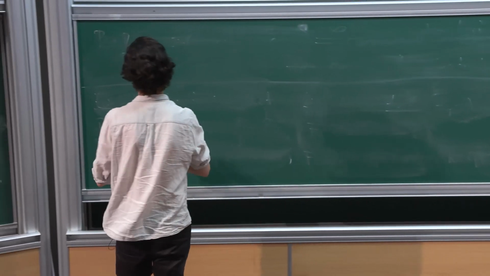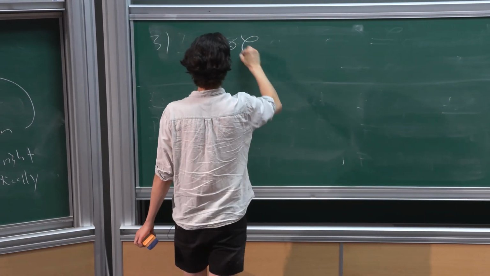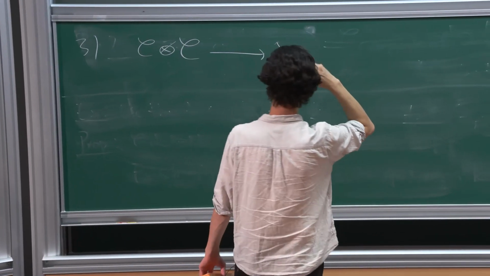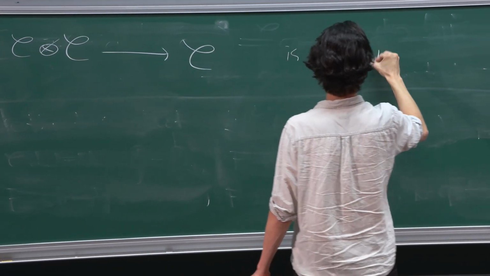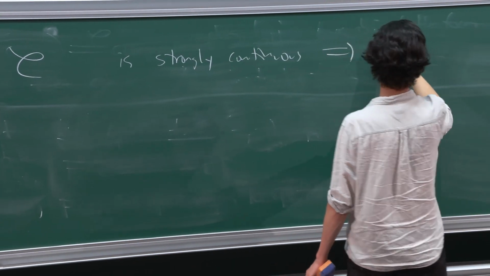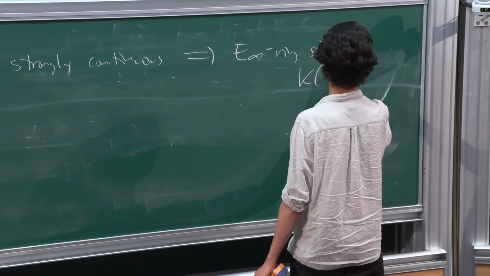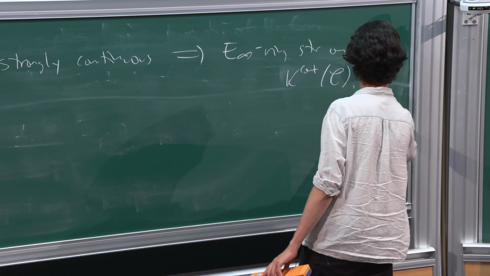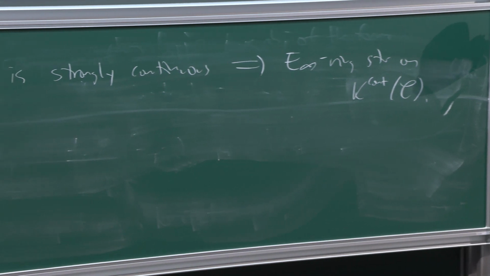And the other nice thing is that three, the functor C tensor C to C, which is the tensor structure, is strongly continuous. And that gives an E-infinity ring structure on the K-theory of C, for example, on the continuous K-theory of C. And now let me make a warning.